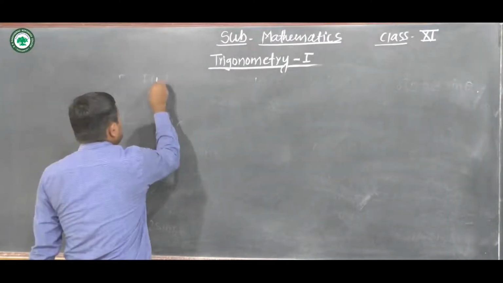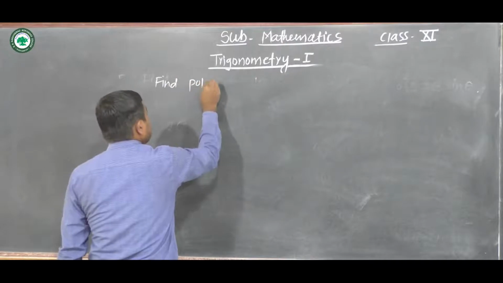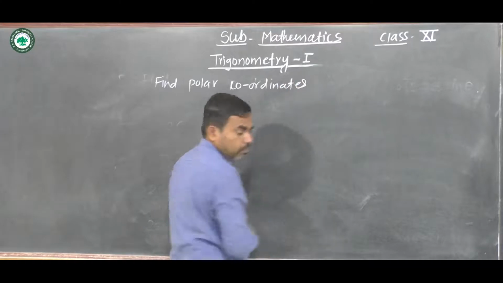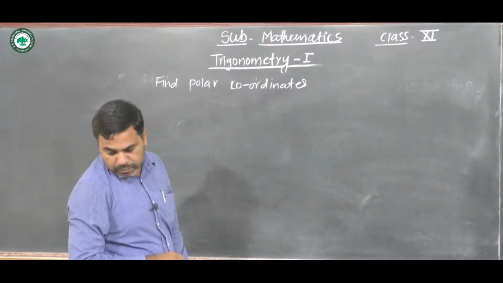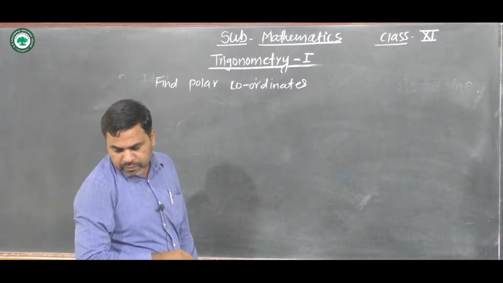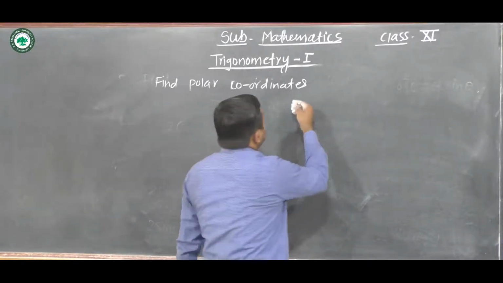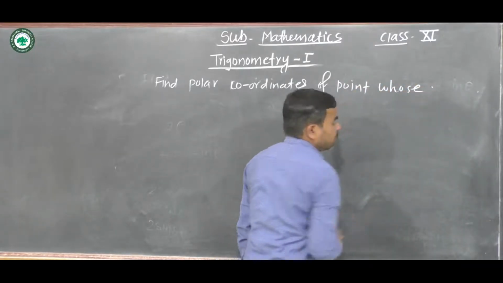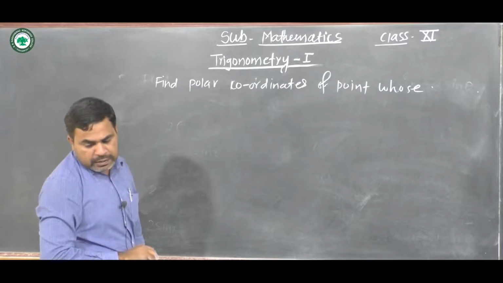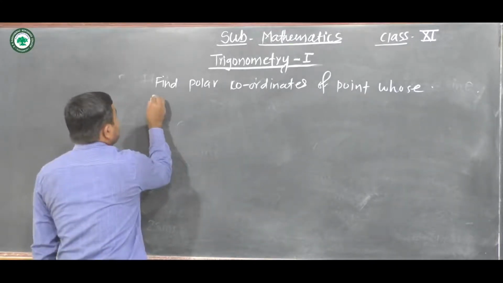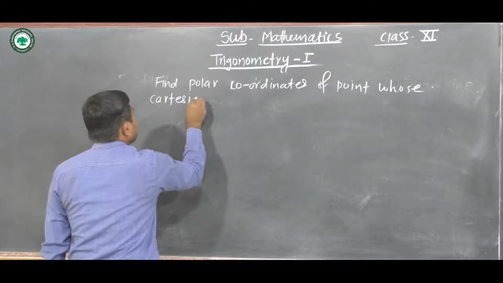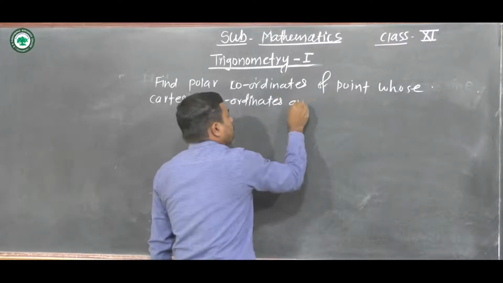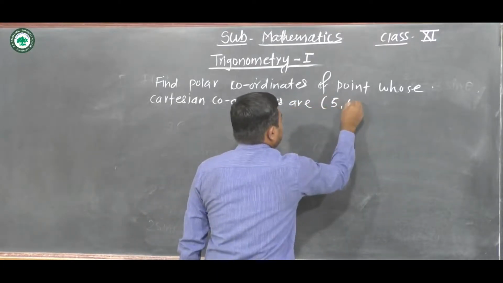Find polar coordinates of the point whose Cartesian coordinates are 5, 5.